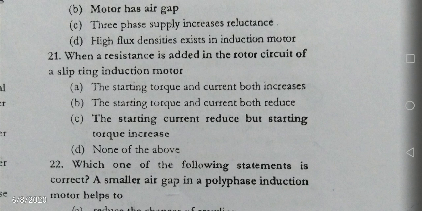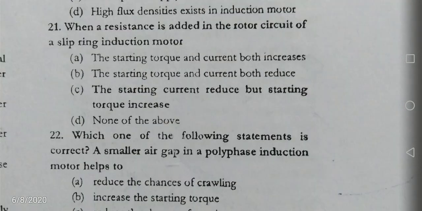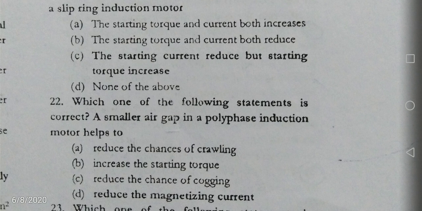Question number 21. When a resistance is added into the rotor circuit of a slip ring induction motor, the starting current reduces and starting torque increases. So option A, starting torque and current both increase, is wrong.